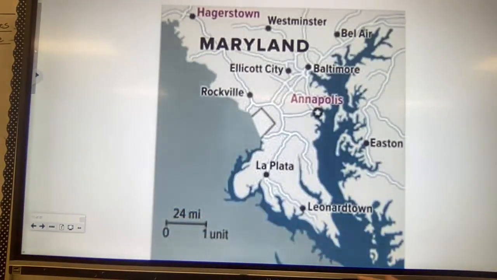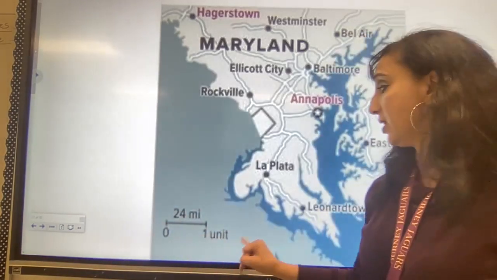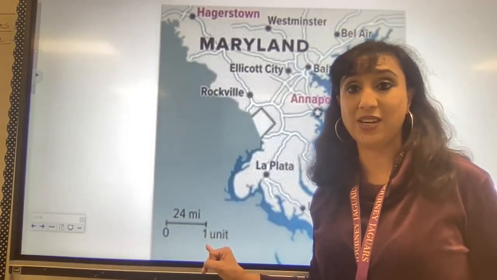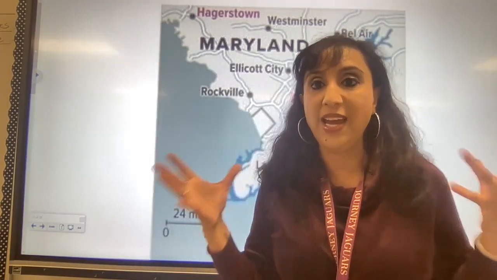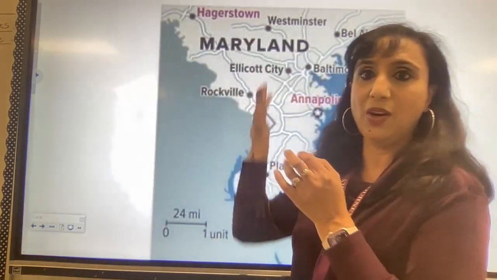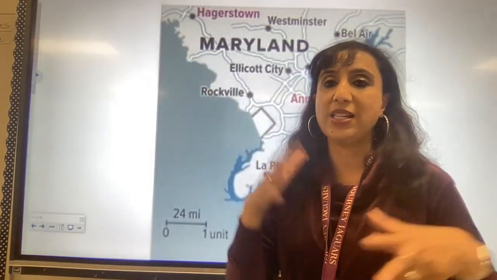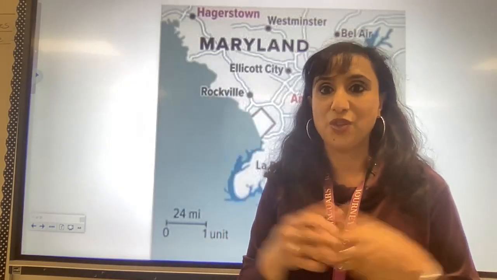And so you will find this in every map or whatever that you see, the scale drawing, because a map is a scale drawing. You cannot fit the entire United States into a little whiteboard like this or an entire city like this, unless of course it's a scaled down version. So just think about it.